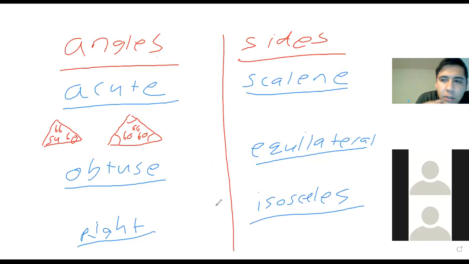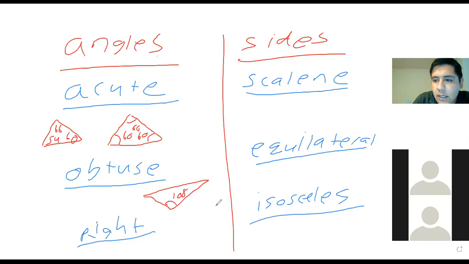Now let's look at something that's obtuse. What is an angle that is obtuse? It's above 90. Remember, all the angles inside a triangle have to equal 180. So a triangle that's obtuse would look something like this, where this angle right here could be 108 or something like that.